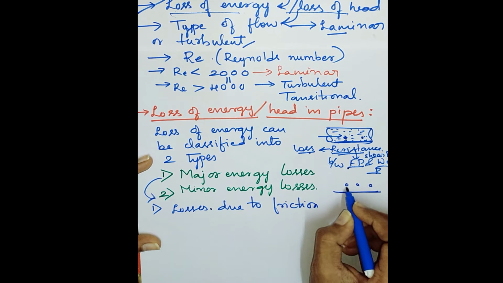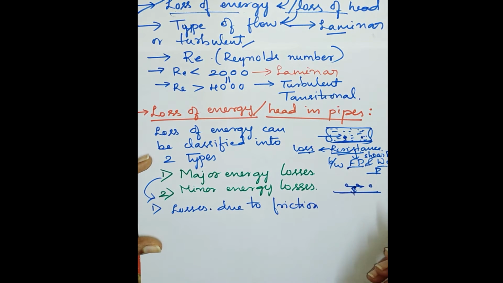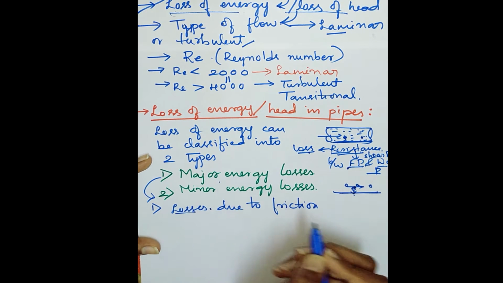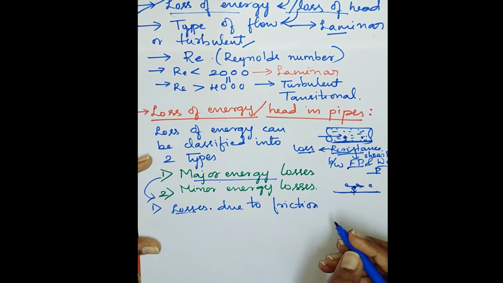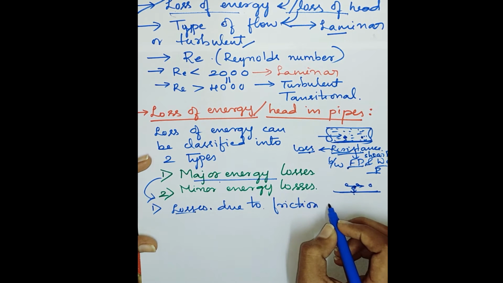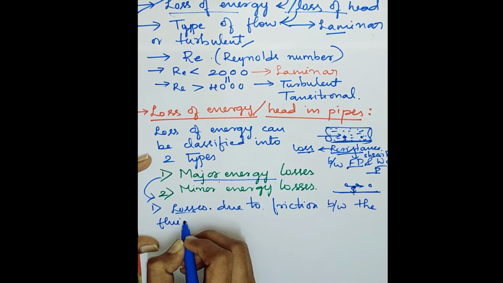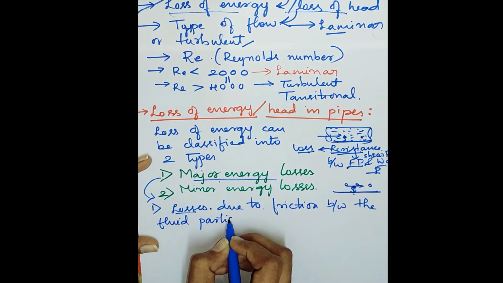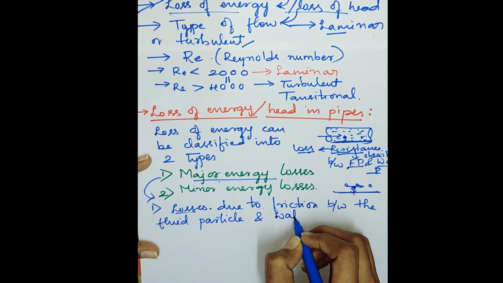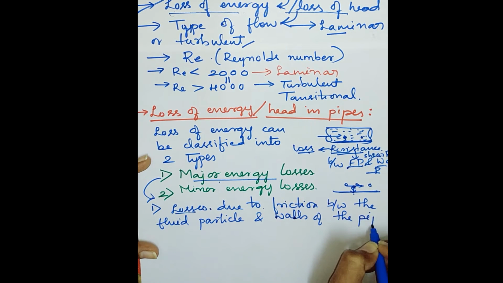So due to the friction between the fluid particles and the walls of the pipe, the loss occurs. Those losses are called the major energy losses. So major energy losses are the losses due to friction between the fluid particles and the walls of the pipe.